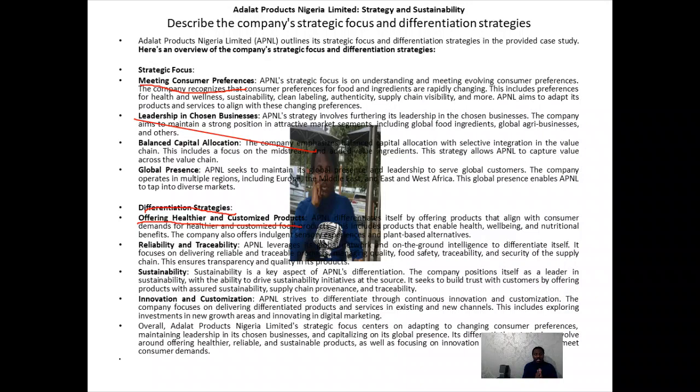Another one is reliability and traceability of their product. So their product is traceable to them, unlike some businesses that will not tag their products, no branding, no anything. Anything that comes out of Adalat environment, you will know that it is the product of Adalat. So if there is any issue, you can easily trace it to them, which is a differentiation strategy.